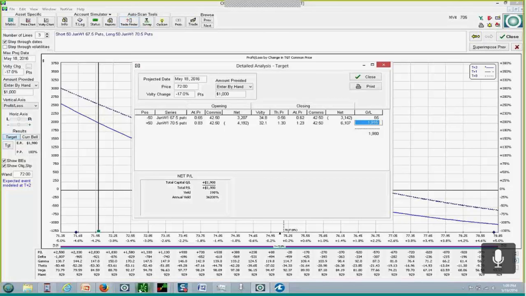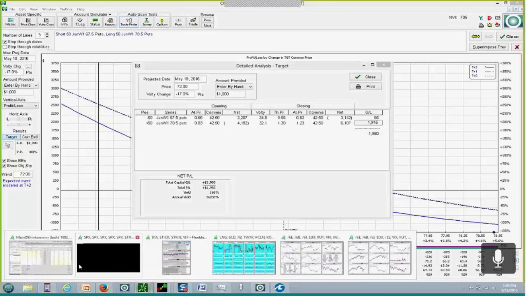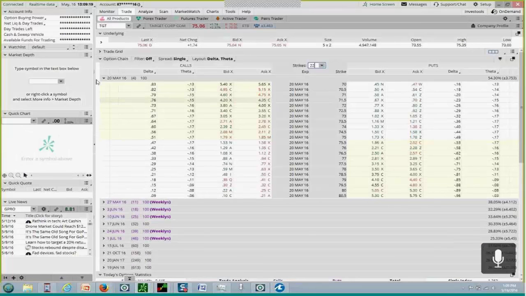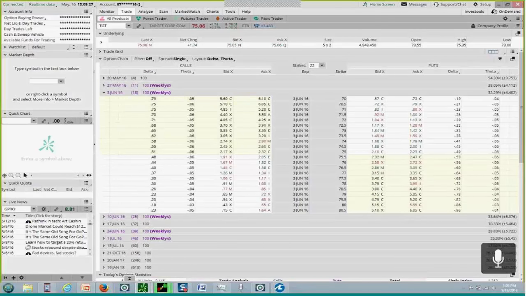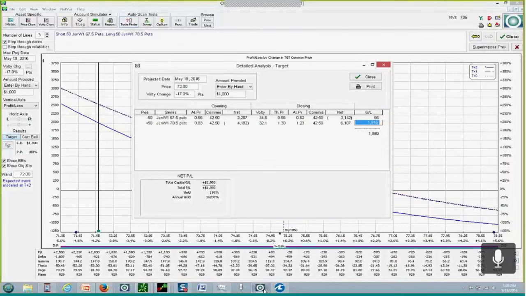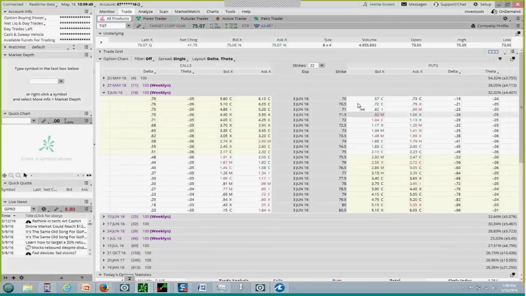So what I want to do is, let's go ahead and bring up the June week 1, and that's the 67.50 put and the 70.50 put. Now I need to bring in a few more strikes, so I'll say give me 30 strikes.